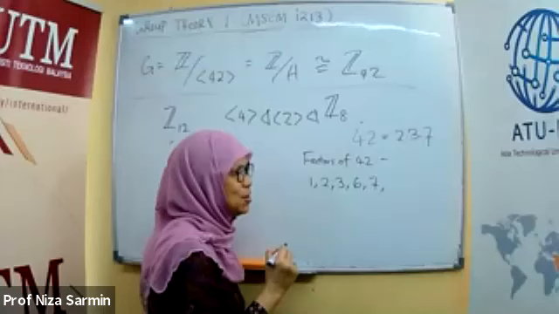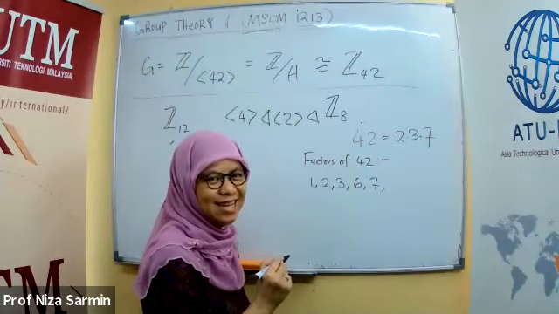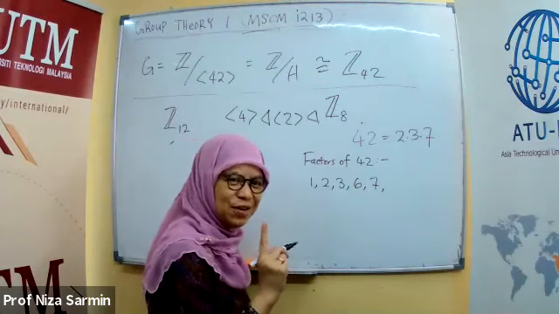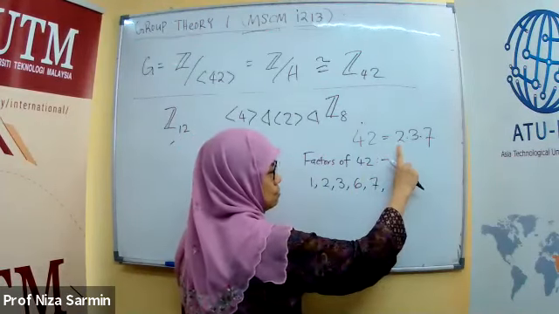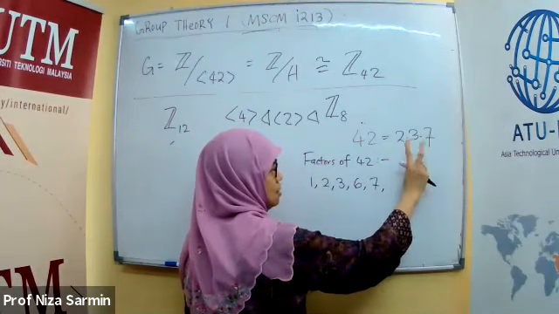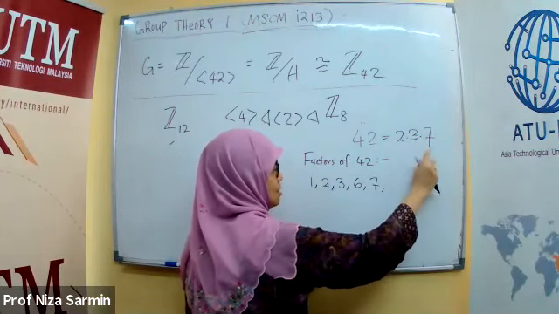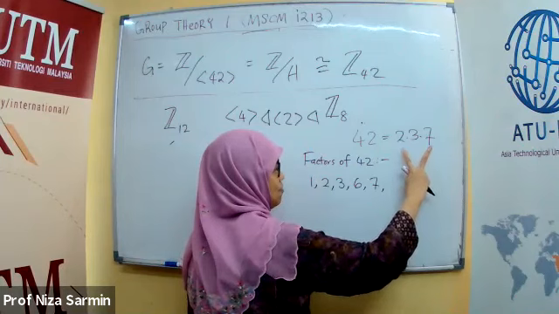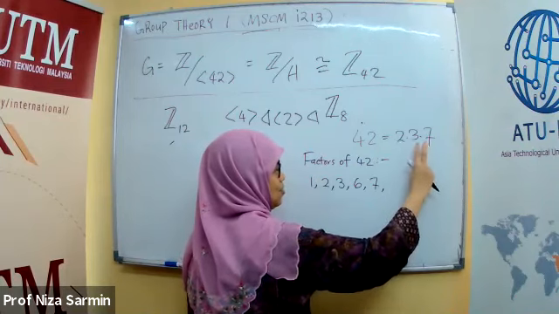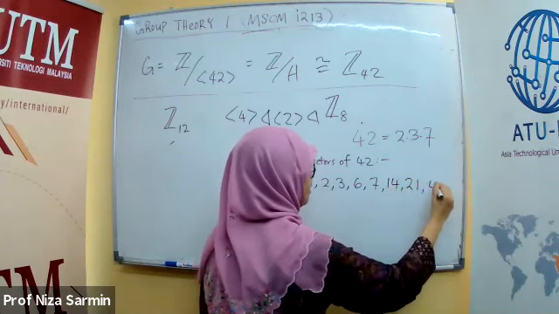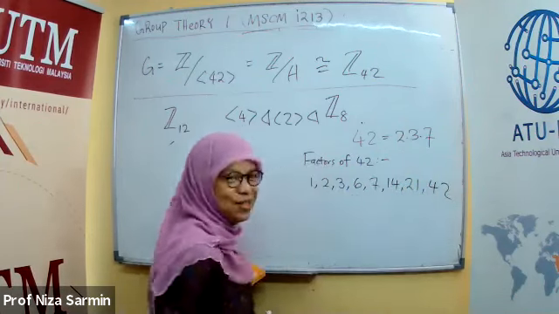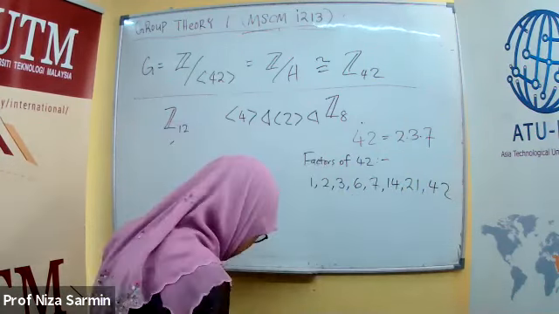Before 21, you don't have 14. Oh yes, 14, then 21. You know how I get it? 1, 2, 3, 6, 7, 14, 21, and 42. Yep.